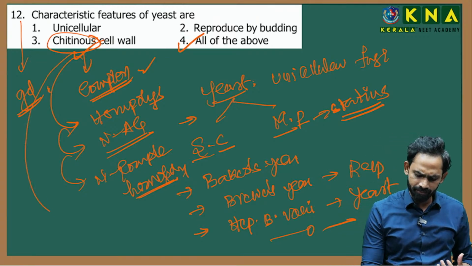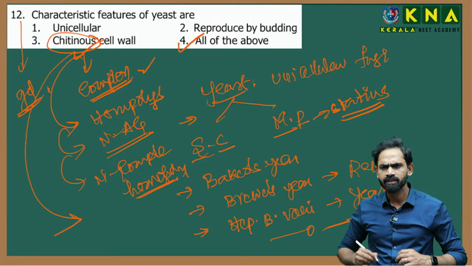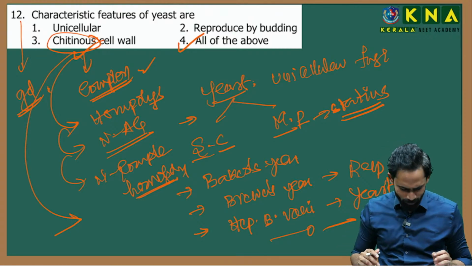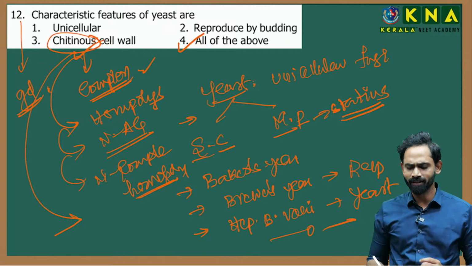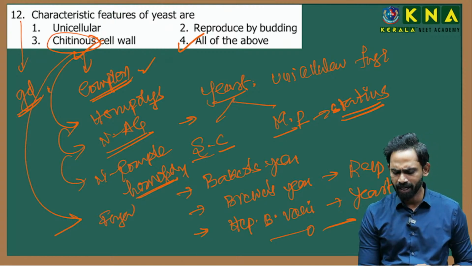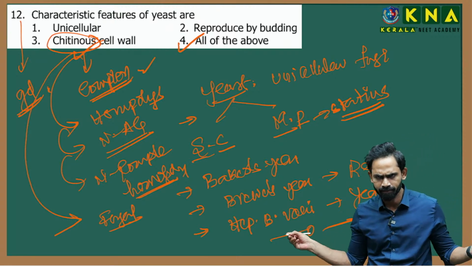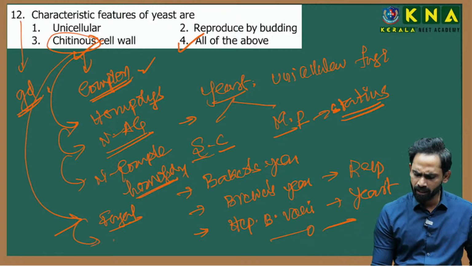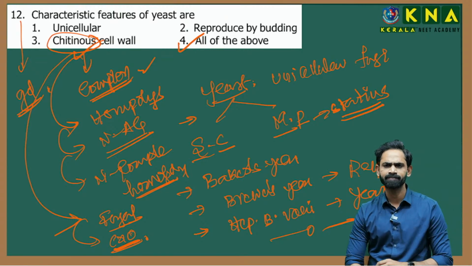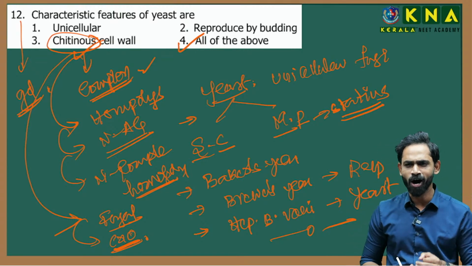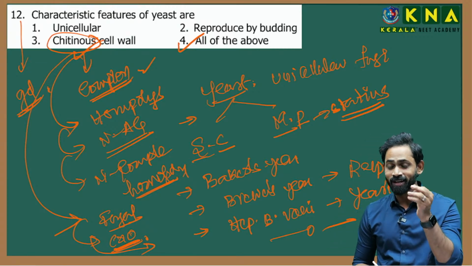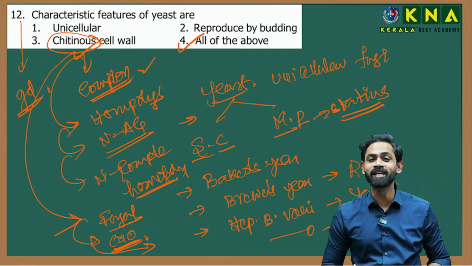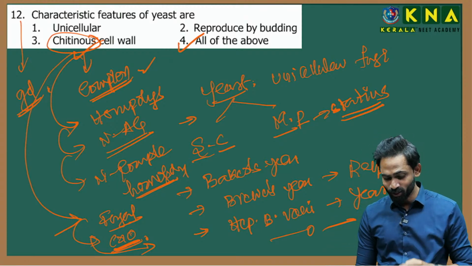Now take chitin. The cell wall of the fungi is made up of chitin. Maybe everybody remembered. The exoskeleton of insects is also made up of chitin. Wow, beautiful. The next one: chitin is a substance resistant to organic decomposition.